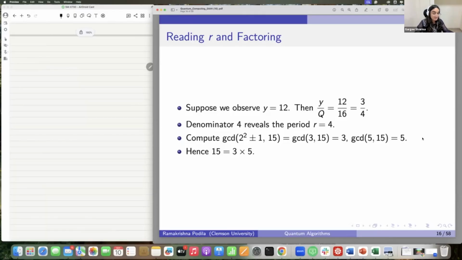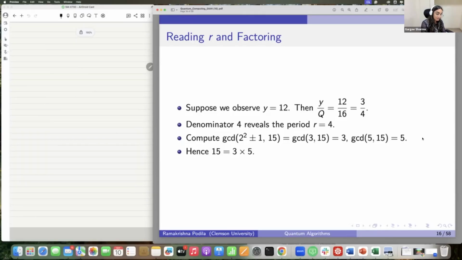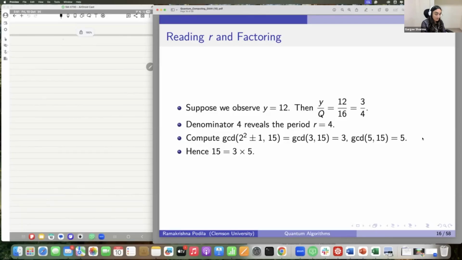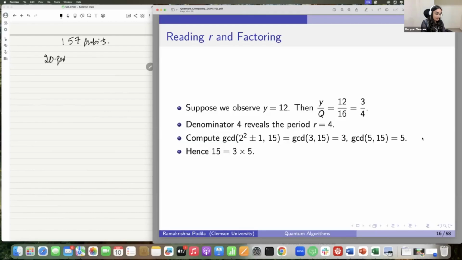I mean, if you just think about it, right now your IBM Q has 157 or something qubits, right? And with just 20 qubits, you can store a very large number.